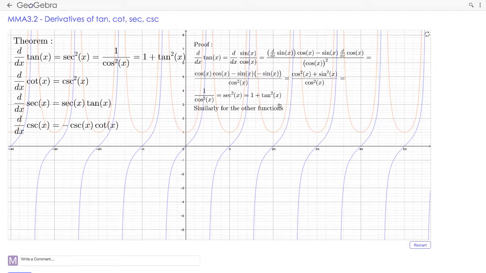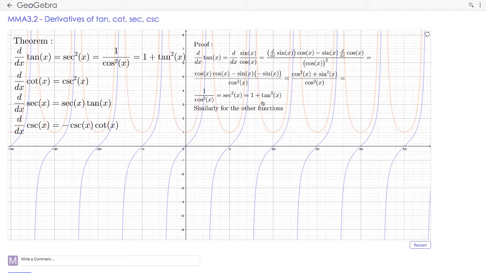To get this expression for the derivative of tangent, it's better to look at this, because now we can see that if we split this fraction in two, there are two terms on top, right? Then we have a cosine squared of x over cosine squared of x. What is that? Well, it's 1, right?